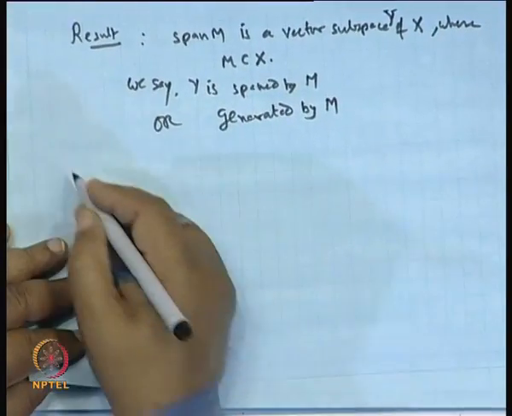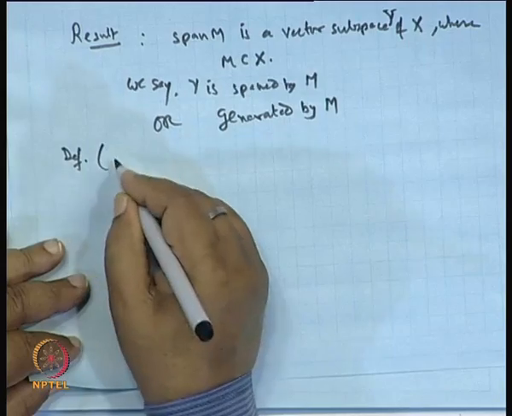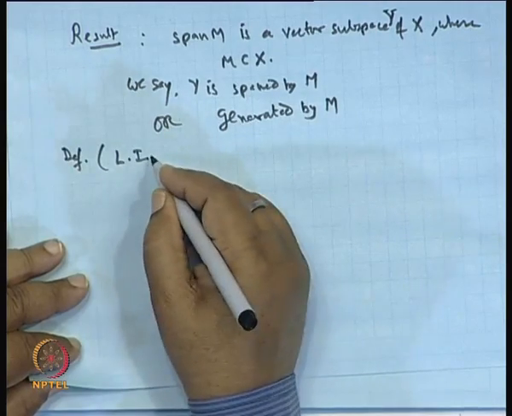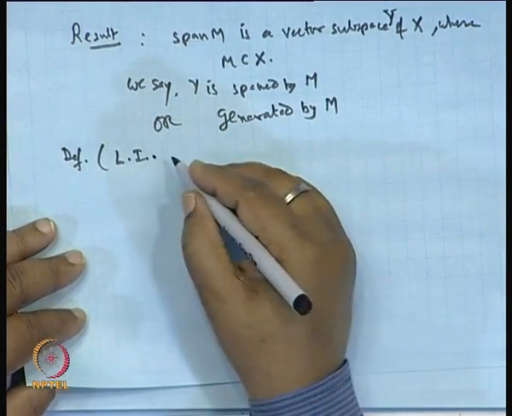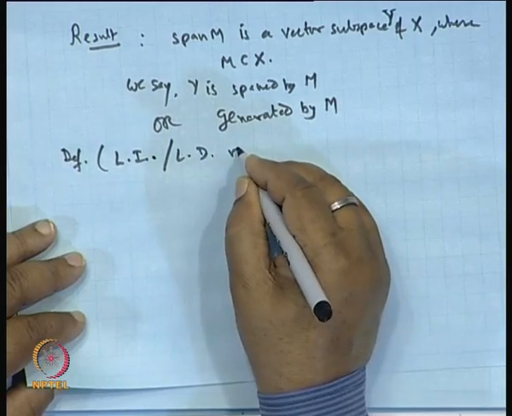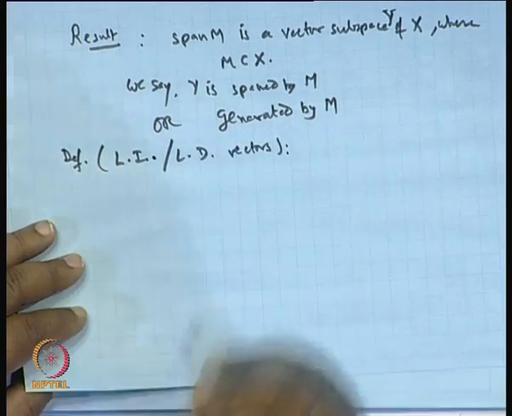Then linearly dependent and independent. Linearly independent or linearly dependent vectors.